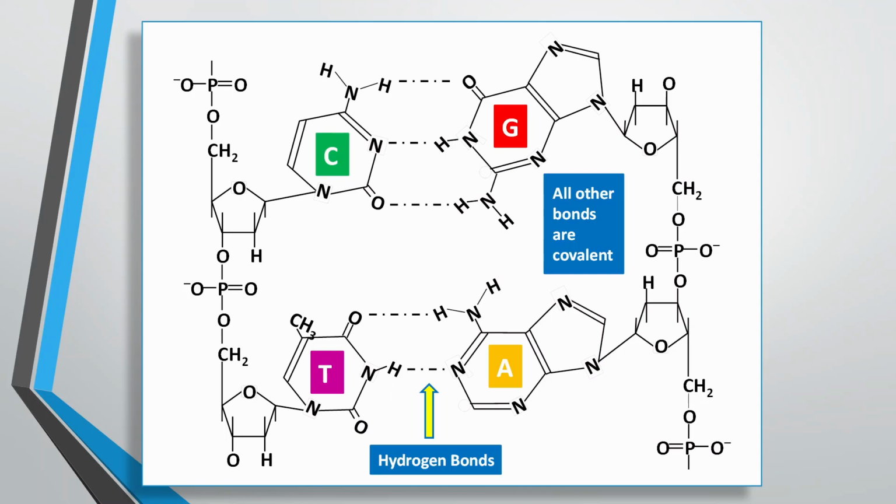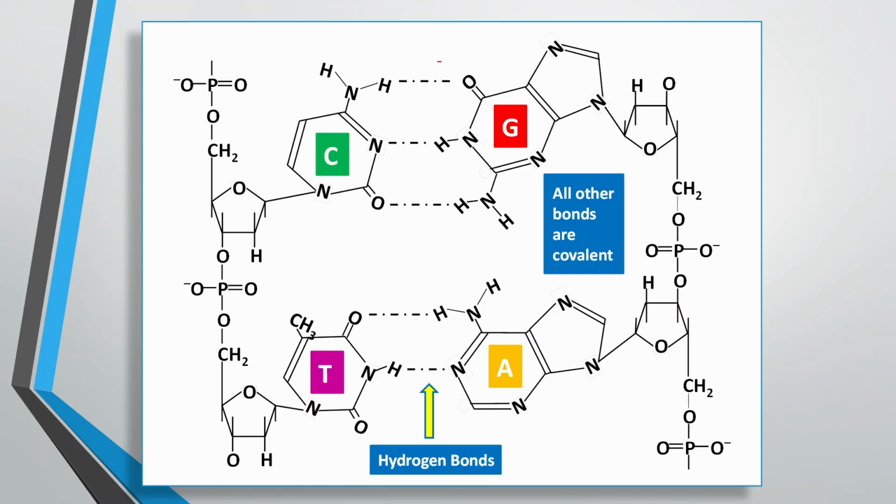And notice how on the one strand, let's look at the A, it's base pairing with the T on the other strand. And then G is base pairing with the C on the other strand, right? So this base pairing in the middle happens with hydrogen bonds.